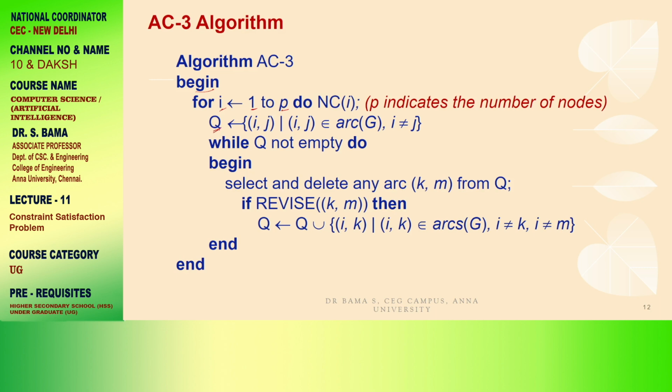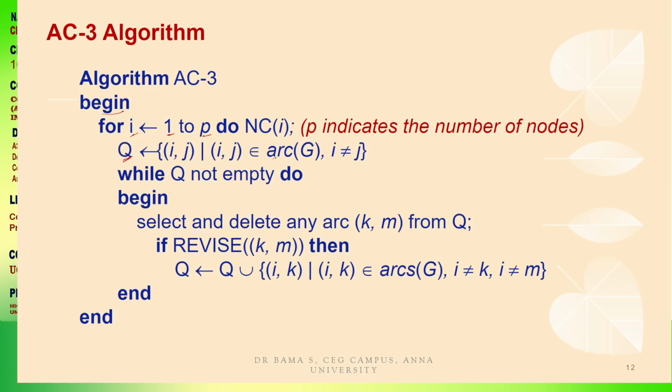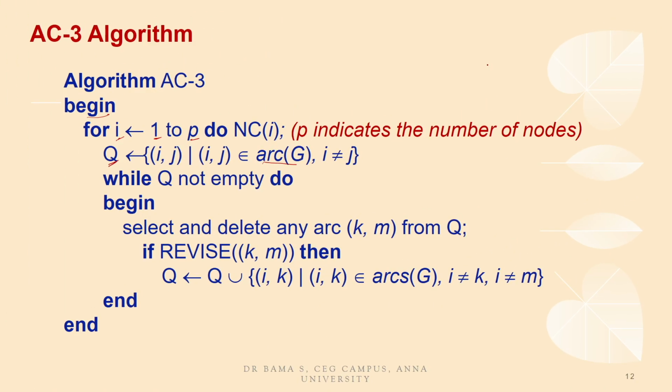Q is basically a queue that we maintain for the constraints, and remember this arc of G is a graph. G is a graph, and i j is an arc from one node to the other, which basically means the constraint.